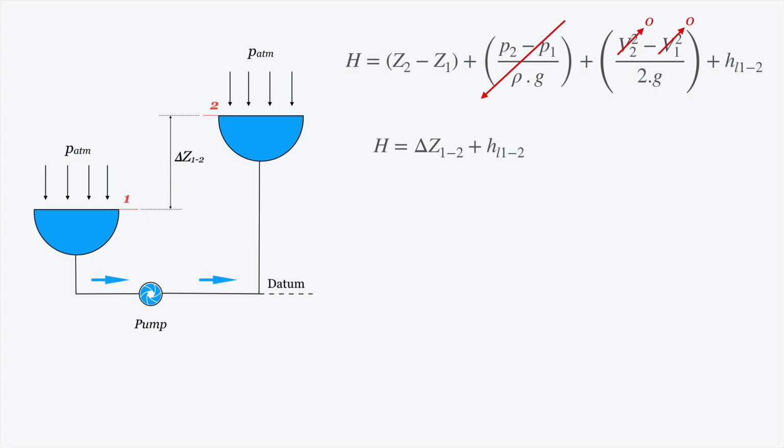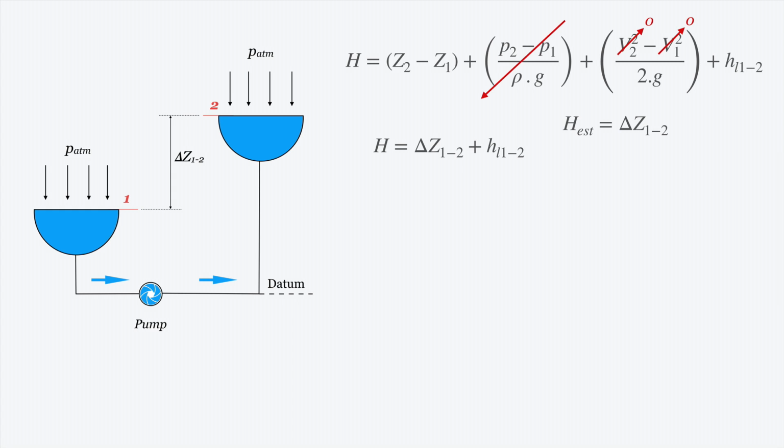The required head by the system, or the head that the pump should add to the system, is equal to the positive difference in this case between both sections 1 and 2 of geodetic head plus the energy losses.